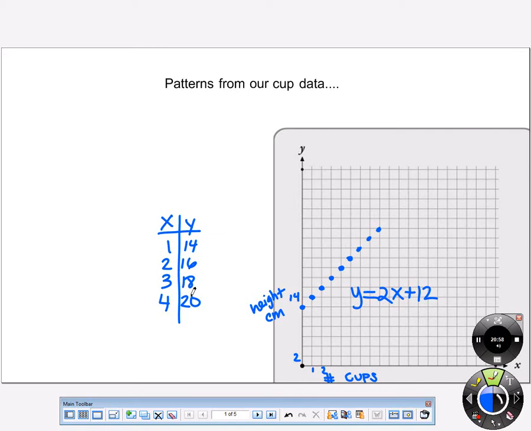People basically take this information to make sequences. This is a sequence. What they basically do is cut out this column because all it says is 1, 2, 3, 4, 5, 6, 7, 8, 9. Why do we need to keep track of that when it's just starting at 1 and going in order? Instead, they say, let's just look at the outcome of the data. Okay? Let's just look at 14, 16, 18, 20.